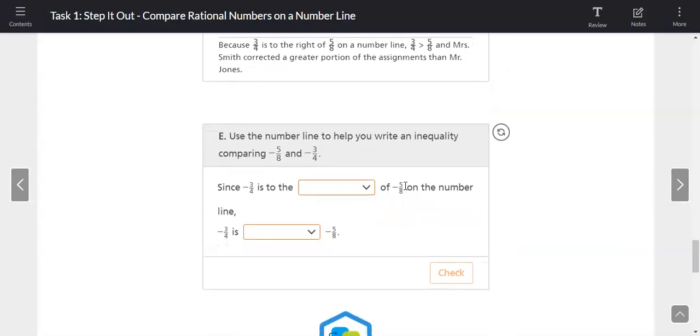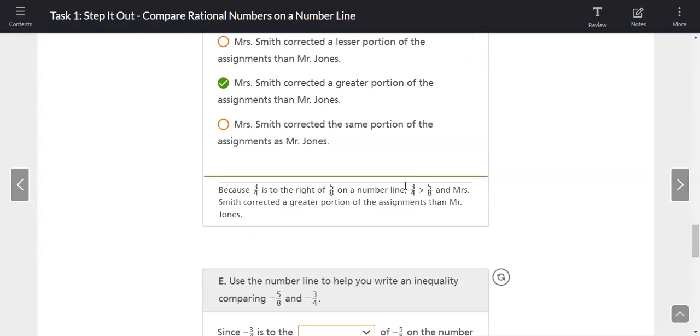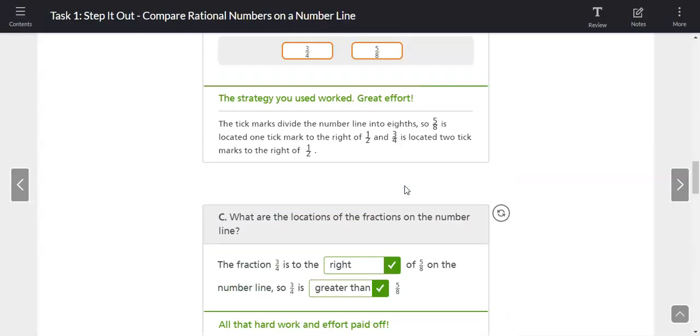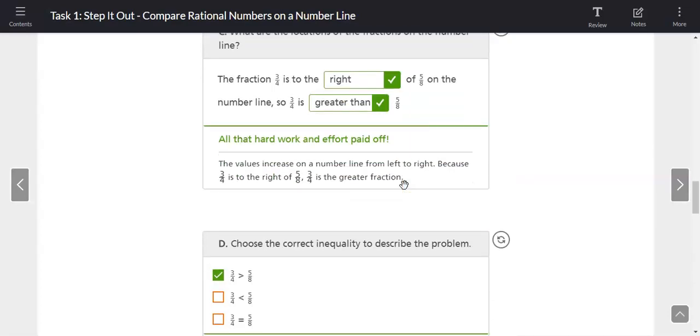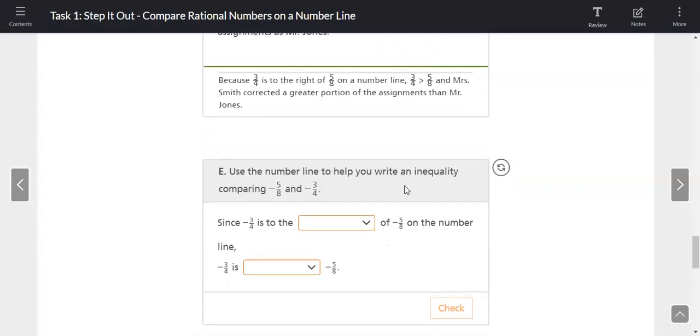Let's look at our next one. Use the number line to help you write an inequality comparing negative 5/8 and negative 3/4. So if you need to scroll back up, all the way up here and look at the number line, you can. Since negative 3/4 is to the blank of negative 5/8 on the number line, negative 3/4 is blank to negative 5/8.